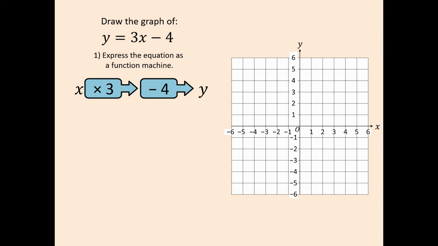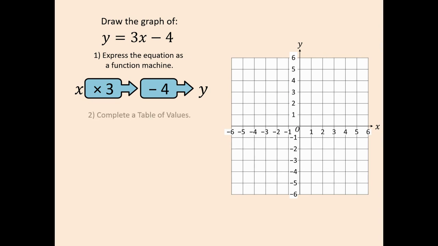Then you subtract 4 to get your y. So if x is equal to 2, for example, I do 2 times 3 is 6, minus 4 is 2. So y is equal to 2 when x is equal to 2.